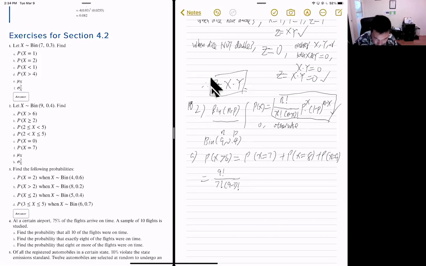Times p, which is 0.4, to the power of x, so 7, times 1 minus p, 1 minus 0.4, to the power of n minus x, so 9 minus 7. Okay, so that is for P(X equal to 7). Similarly, we plug x equal to 8, n equal to 9, p equal to 0.4 into the mass function here, and do the same thing.